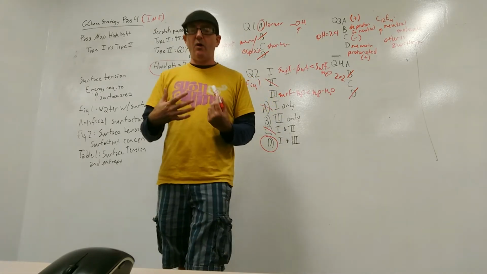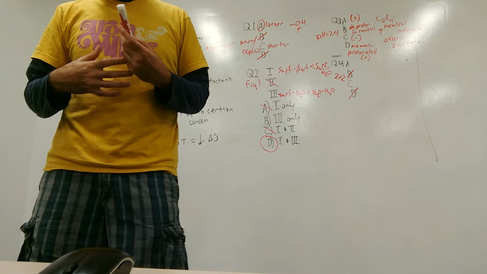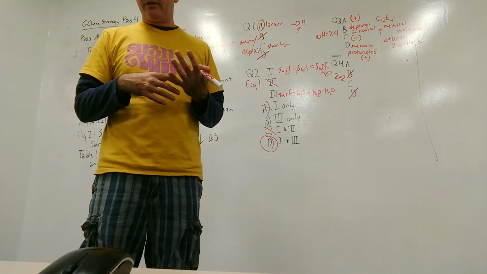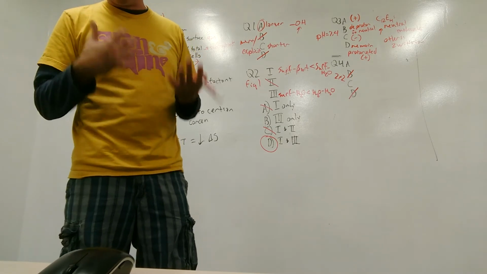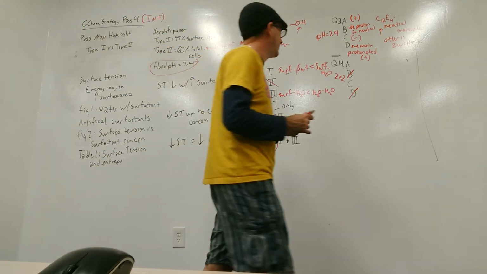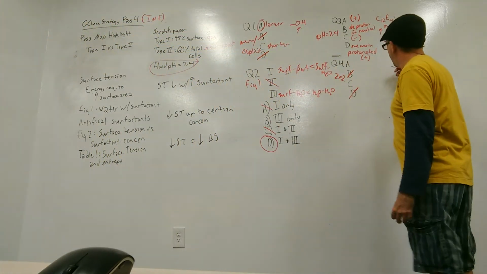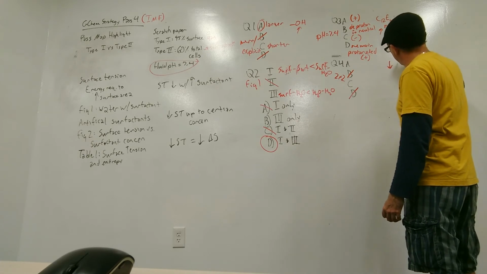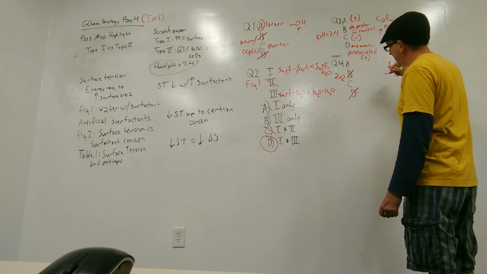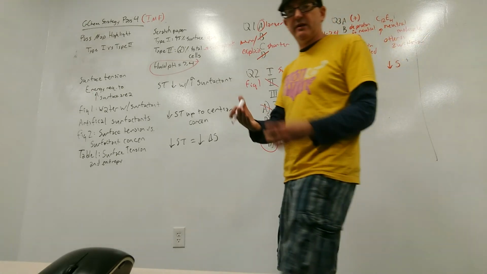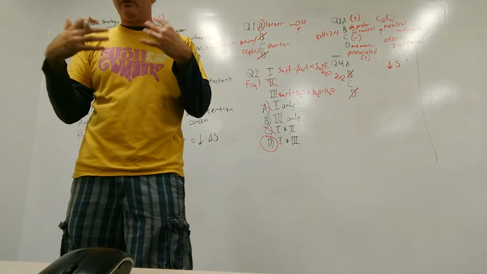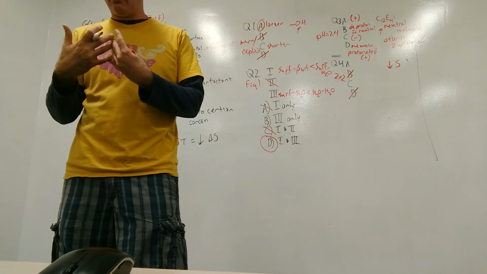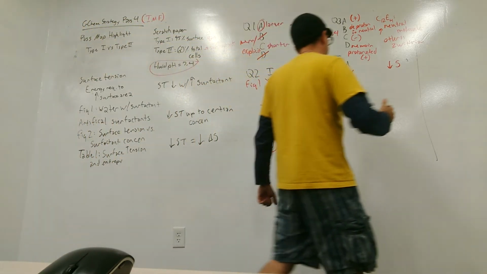So the weak interactions between the surfactant and the water are going to decrease the overall enthalpy of the surface molecules. And lastly, as we were just saying, we're seeing an overall decrease in the interactions of those molecules. We're reducing that surface tension. So, of course, it becomes less negative.